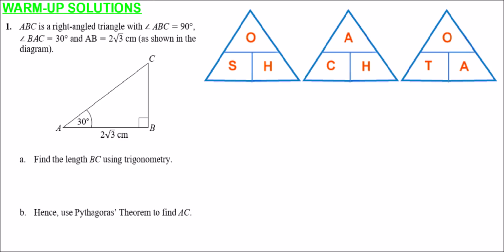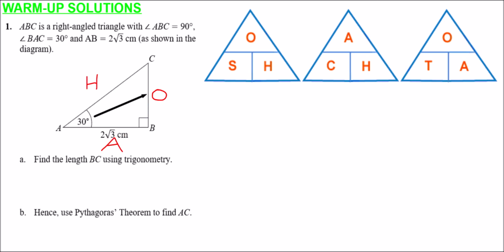The opposite side is always the side opposite to the angle in question. So opposite to the 30-degree angle we've been given is CB, and so that's the opposite. The adjacent side is the side that isn't the hypotenuse or the opposite. The longest side, the hypotenuse, which is opposite to the right angle, is this one here. So I'm going to label that one H.